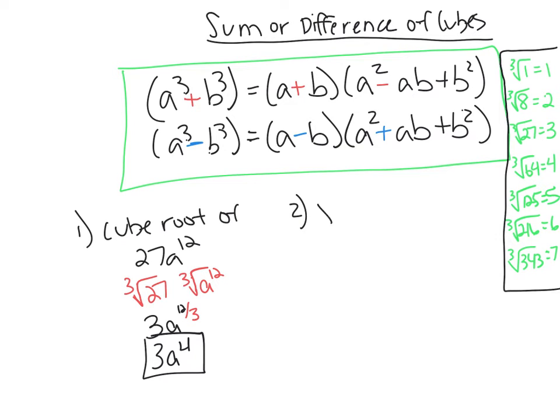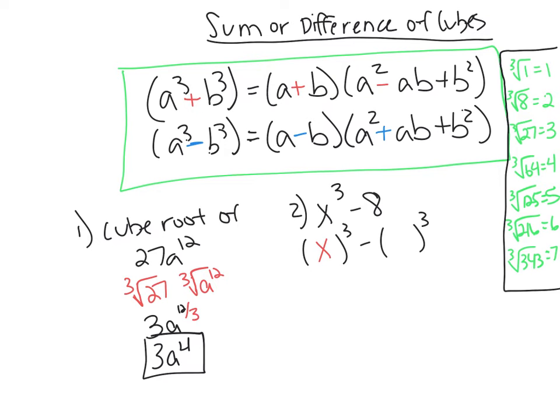So let's take it up a notch, and now let's actually do a sum or difference of cubes. What if we need to factor x cubed minus 8? Is there a way for me to rewrite this as a something cubed minus a something cubed? Well, the cube root of x cubed is just x.